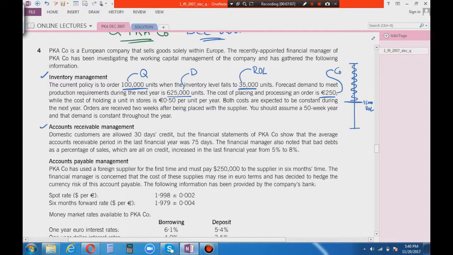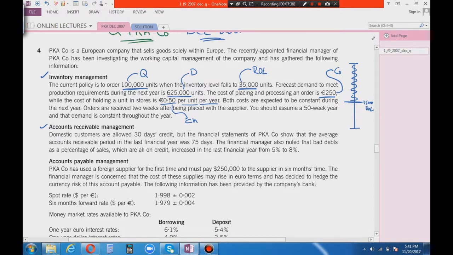While the cost of holding a unit in the store is 0.5 or half a euro, and this is cost of holding per unit per year. So cost of holding one unit for 1 year is CH, 0.5 euros. Both costs are expected to be constant during the next year.